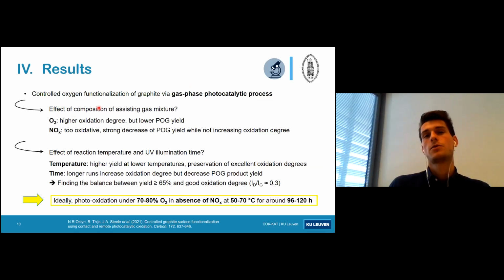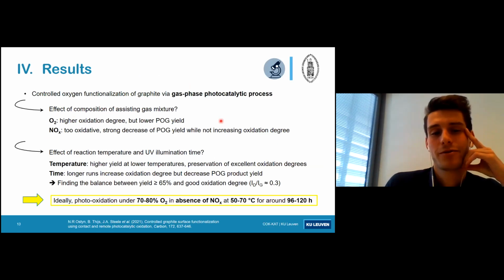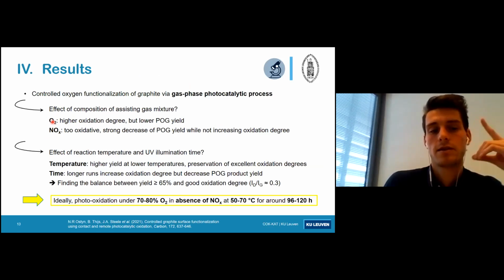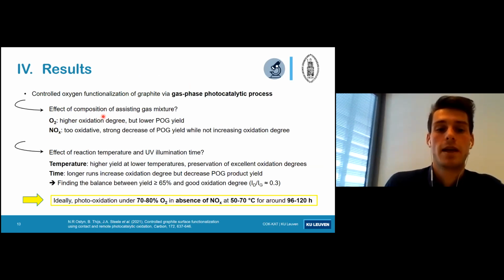So first, the question is, what is the effect of all these gases and vapors inside the gas mixture. If you have more oxygen, of course, this is logical, you have a higher oxidation degree, but a lower POG yield. POG is photocatalytically oxidized graphite. So you have to find the right balance between the yield and also the oxidation degree.